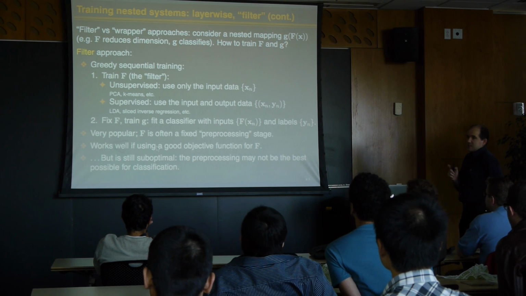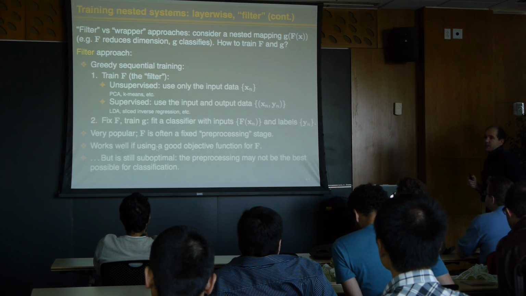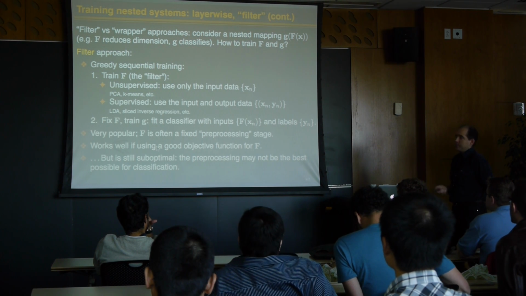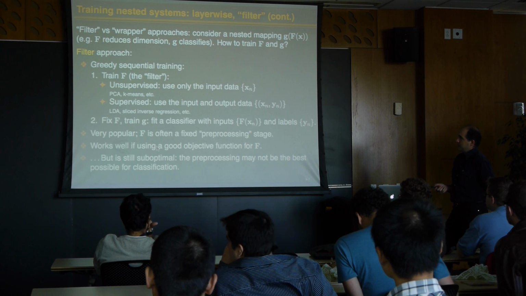But that's typically not what is done. What is typically done is that first you do PCA, you fix it, then you train your classifier, because it is very simple, even though it is not optimal.